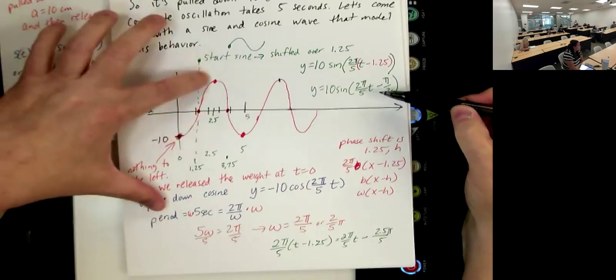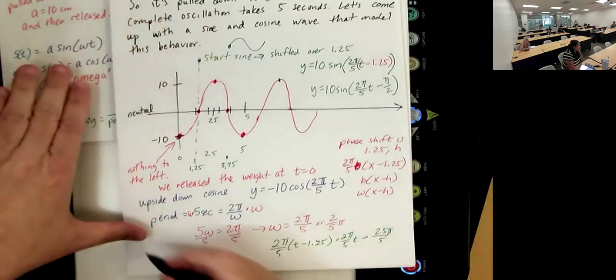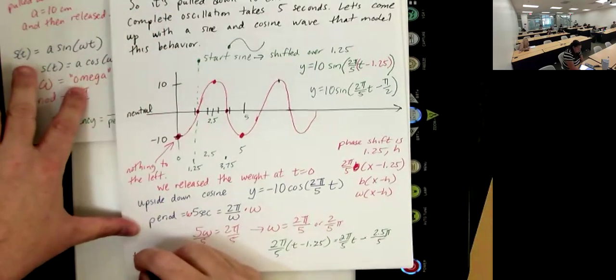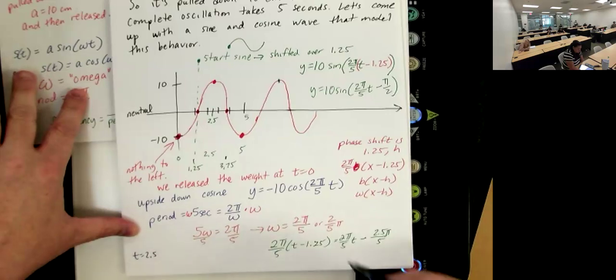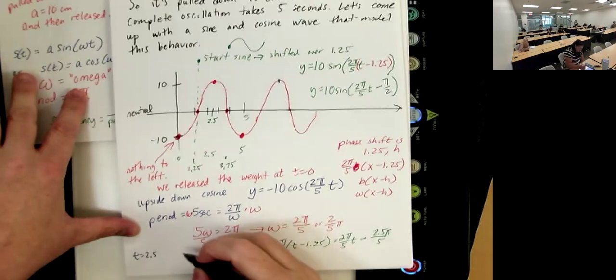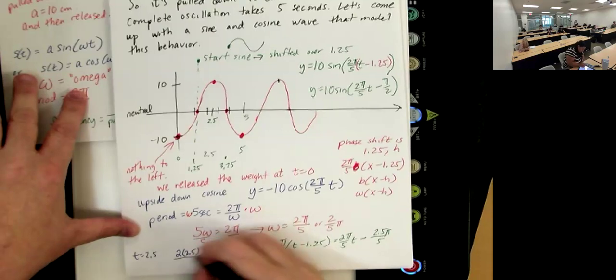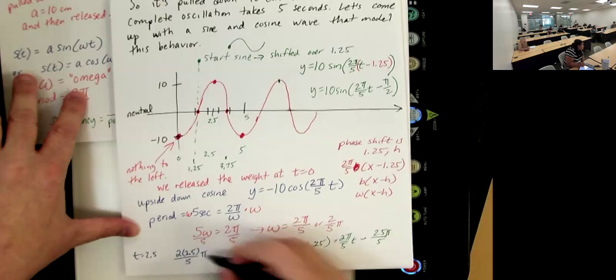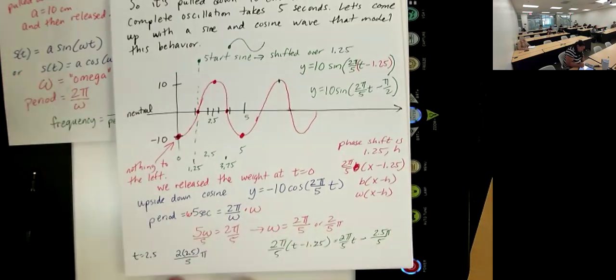Let's check at t equals 2.5. Let's just make sure we're up at positive 10 at t equals 2.5. So if t equals 2.5, I've got 2 times that over 5 pi minus pi over 2.